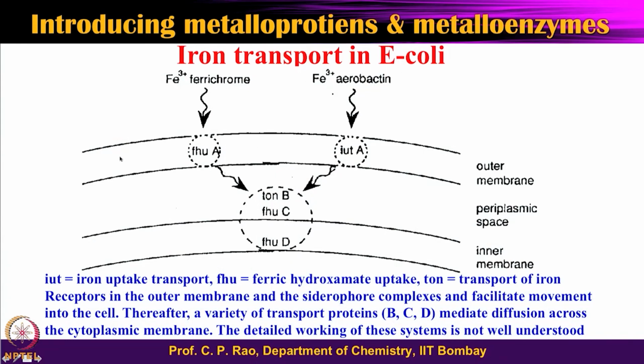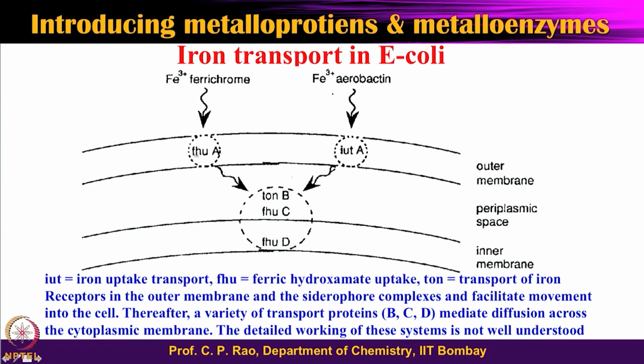coli. So, look at this, you have an outer membrane and you have an inner membrane. Now, iron comes as an iron chelator, iron complex, etc. Okay? And this is transferred at the surface to these iron proteins, which are called iron uptake protein, ferric hydroxamate uptake, transport of iron, TonB.